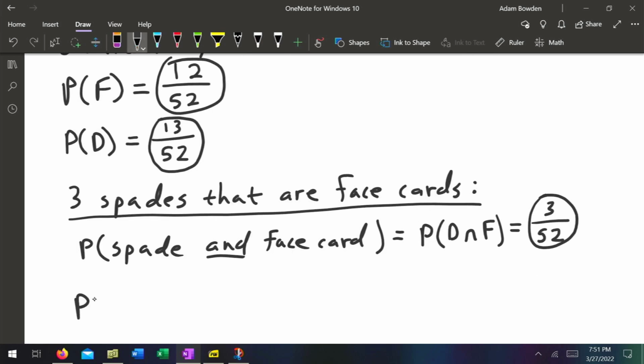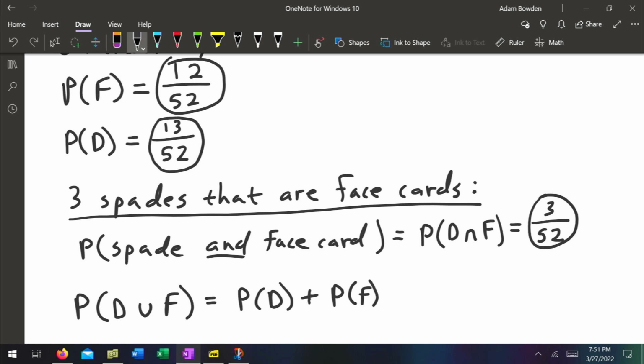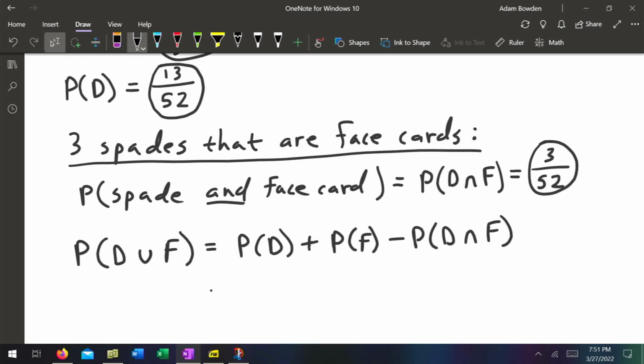So what that means is if we go about trying to find the probability of a spade or a face card, the union of the two, then that would be equal to the probability of D plus the probability of F minus the probability of D intersect F. And so we put our numbers together here.